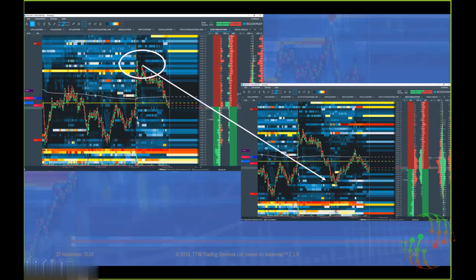They left imbalanced auctions along this move, or low volume nodes, or gaps, or holes, however you want to say that. I prefer low volume nodes or gaps. They are going to repair them until 90 or 89.